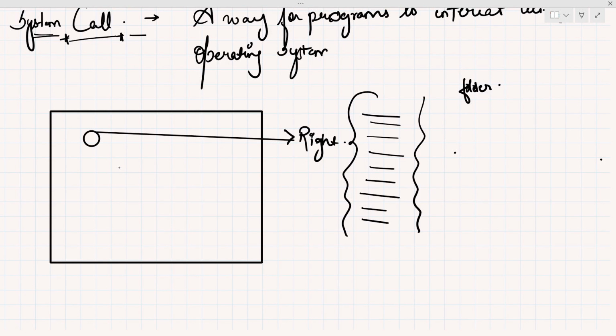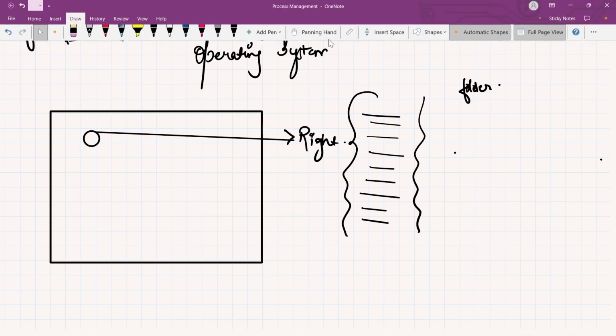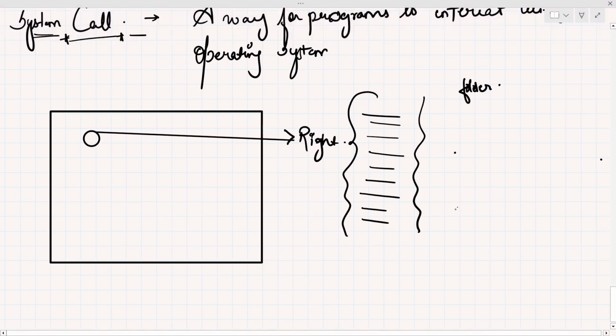So when I right click on this, what does the user want to do? The user wants to create a folder. When I right click, I see the New option and go to Folder, and now my folder is created. So when I right click, a system call is generated.